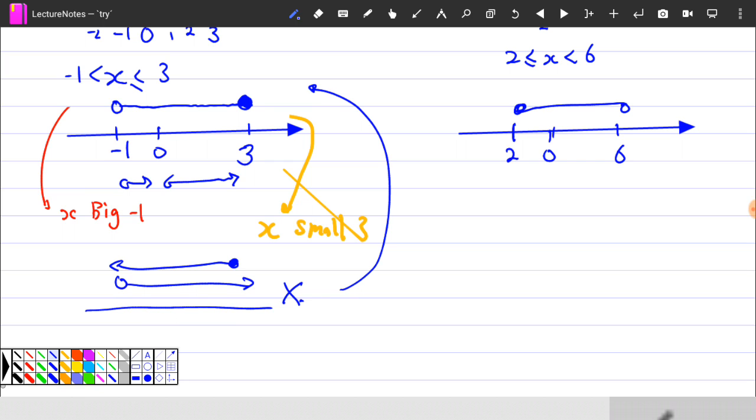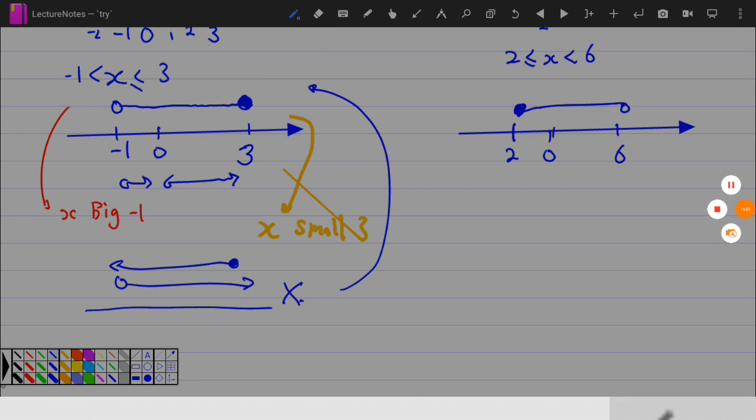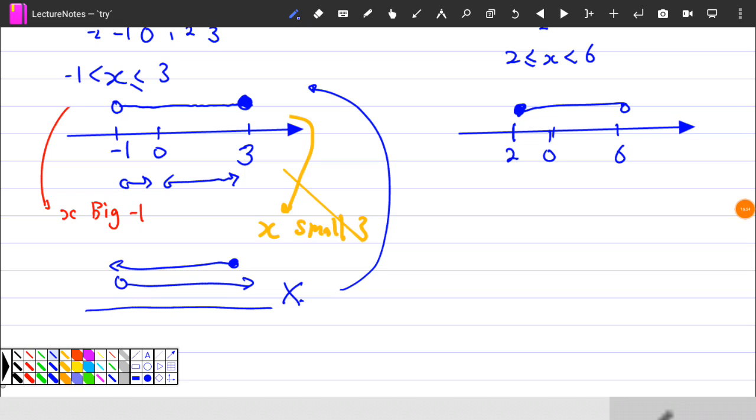Is it correct? Yes, no? Why? Middle? What middle? Correct. Okay, I stop the video here. And you can continue the rest by yourself.